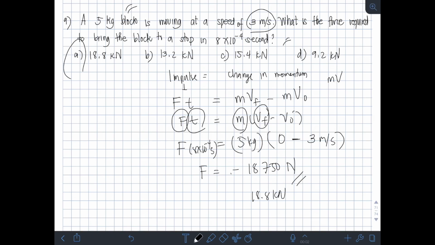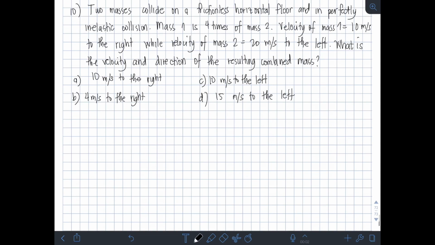Letter A. Okay? Next, we have two masses that collide on a frictionless horizontal floor in a perfectly inelastic collision. Mass 1 is 4 times mass 2. Velocity of mass 1 equals 10 meters per second to the right, while velocity of mass 2 equals 20 meters per second to the left.